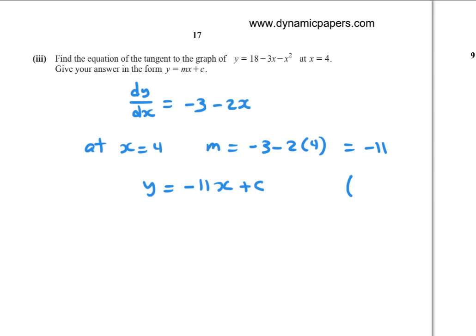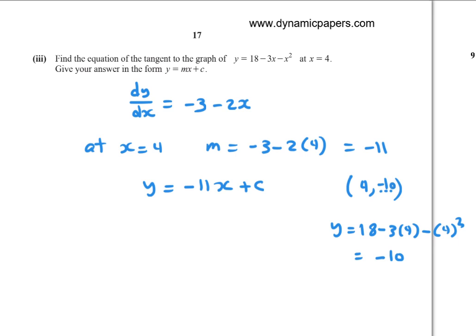So this point is 4 and y, and we need to find y. To find the y coordinate, if x is 4, substitute into the original equation. So y equals 18 minus 3 times 4 minus 4 squared equals negative 10. So the point is (4, negative 10).